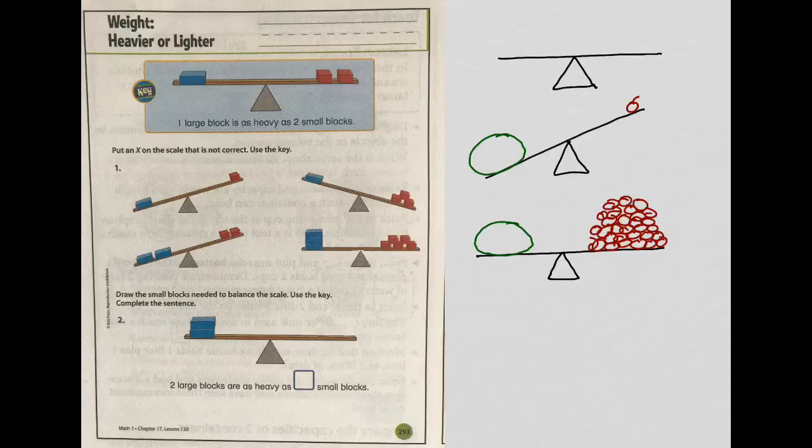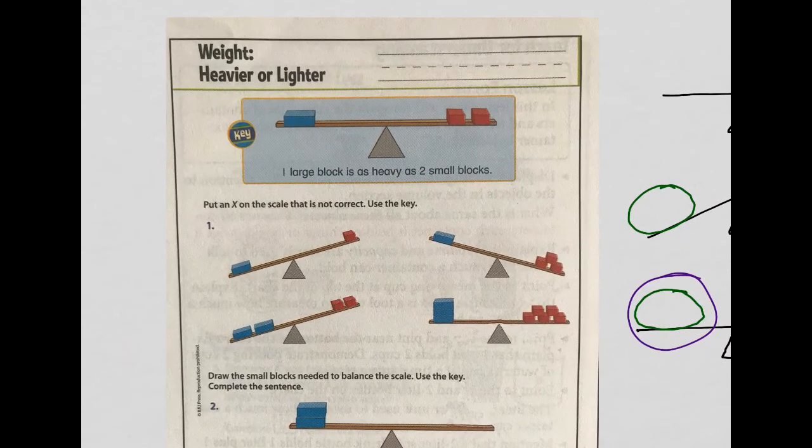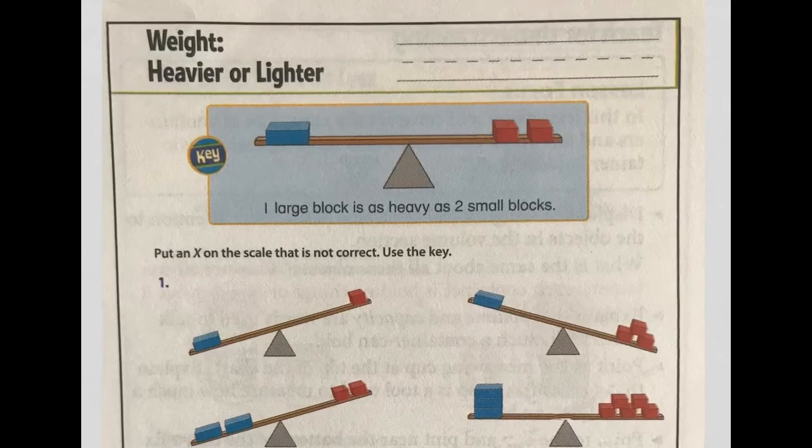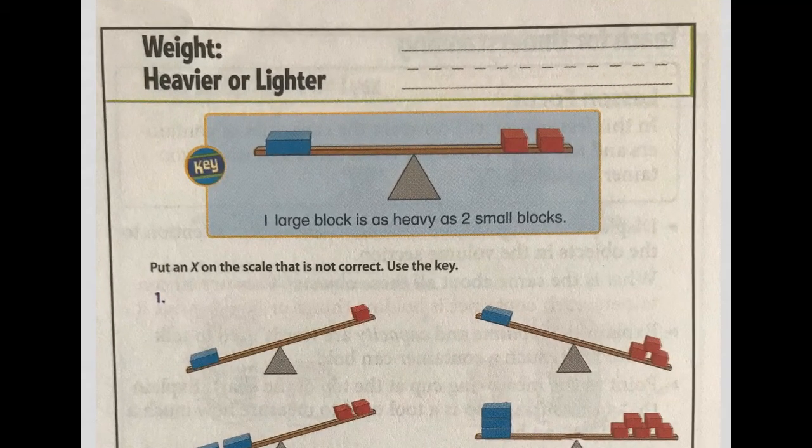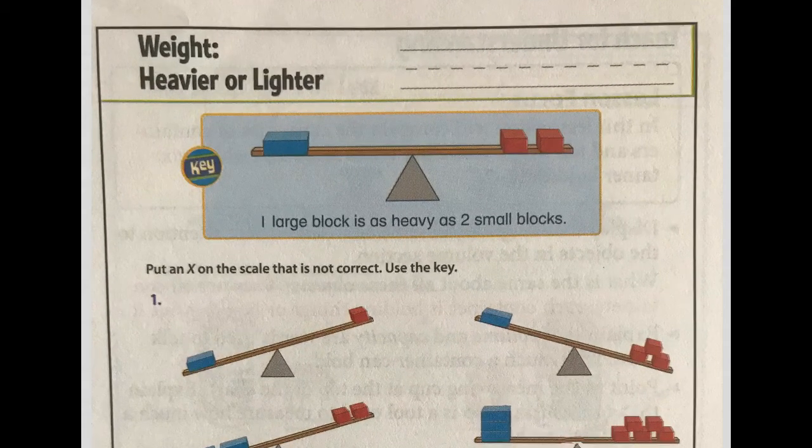Okay, and that is what we're going to do today. We're going to compare an object on one side, and then we're going to try to match the weight on the other side to balance the scale. So let's take a look at our workbook page. On the top here, we can see a key.